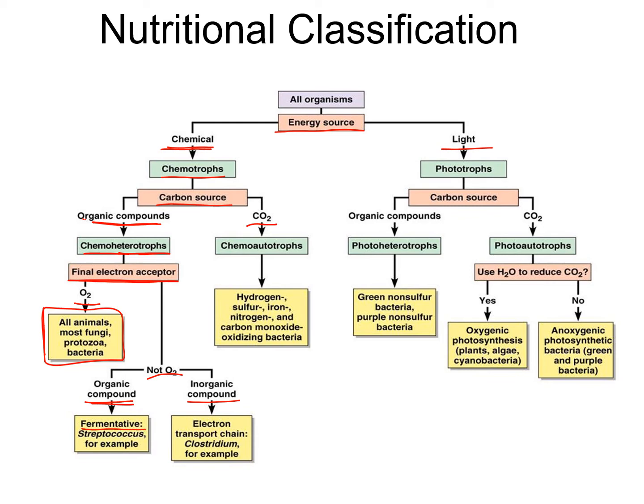And those are some types of bacteria. If instead their final electron acceptor is an inorganic compound that is not oxygen, then they are using anaerobic respiration to get their energy from glucose. And some examples for this are those anaerobic, obligate anaerobic bacteria like Clostridium.